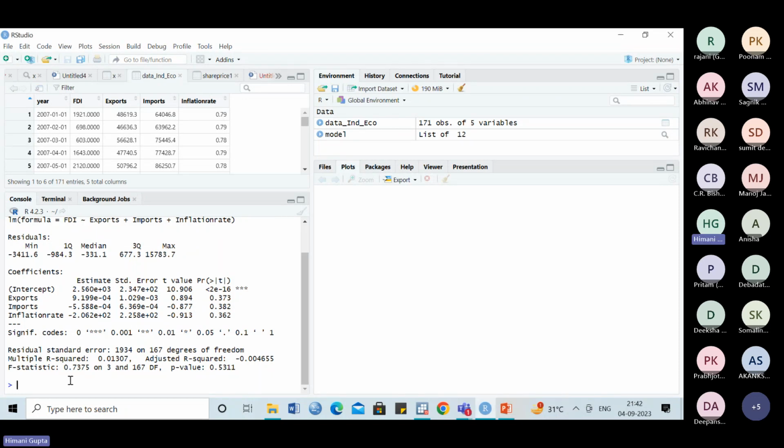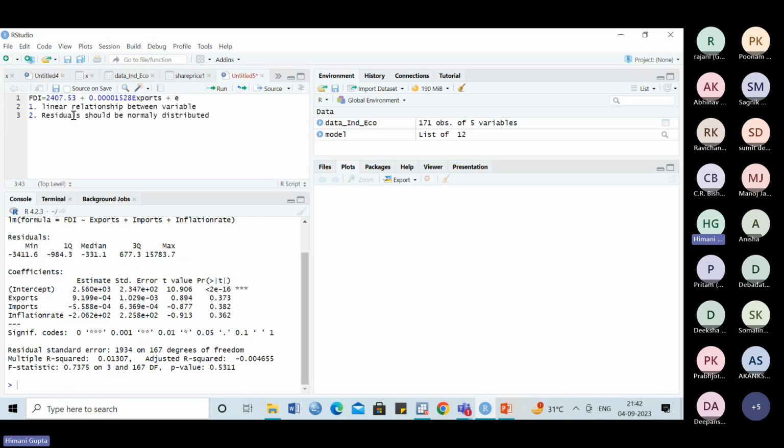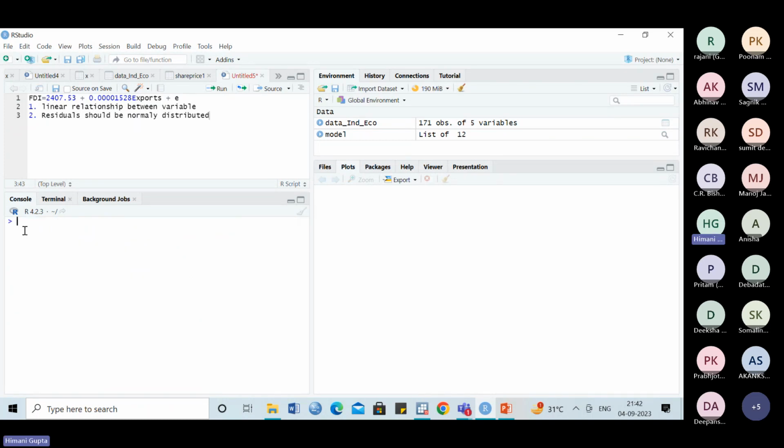Okay, now that means you are getting this much. Now we are going with the first assumption: there should be a linear relationship between variables. We have done this yesterday also. So let's find out how we are going to check whether there is a linear relationship among the variables or not.